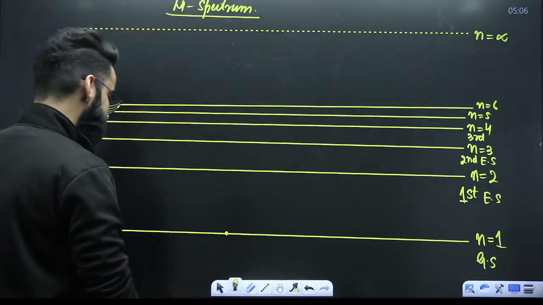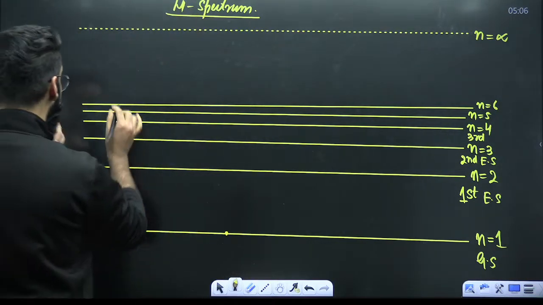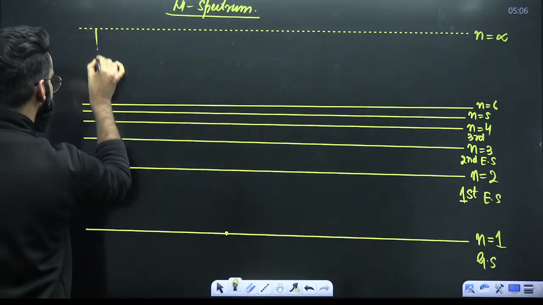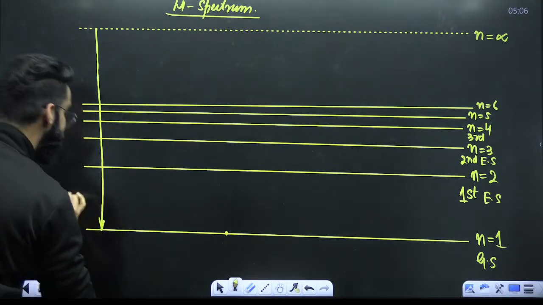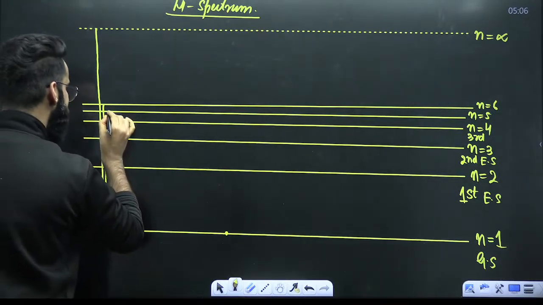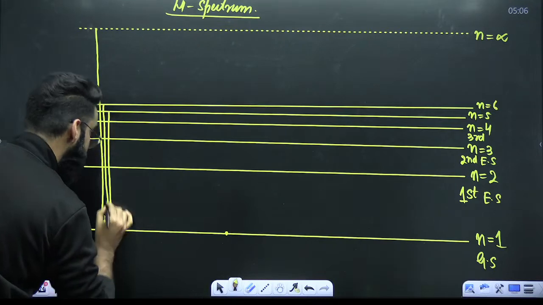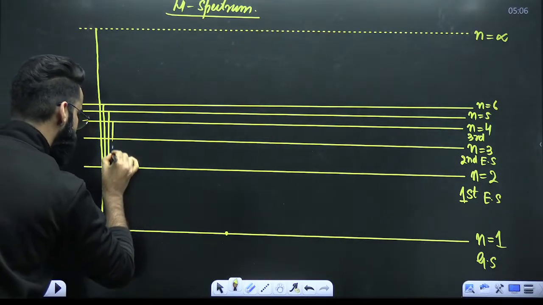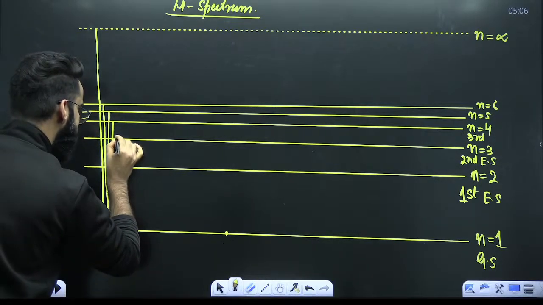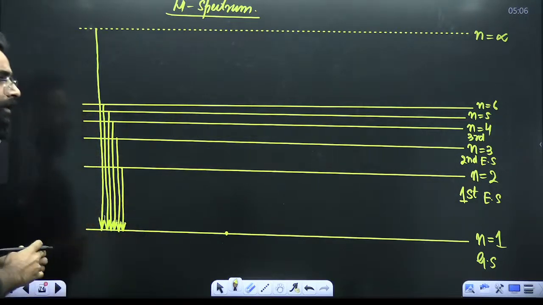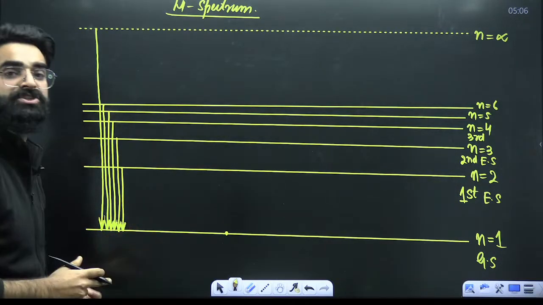Now, do remember one simple thing. When the electron makes a transition from higher energy states to shell number 1, we get a series of radiations.